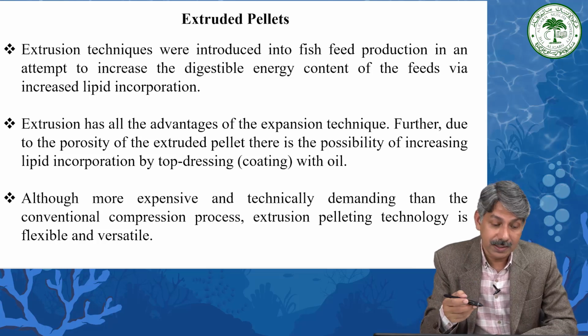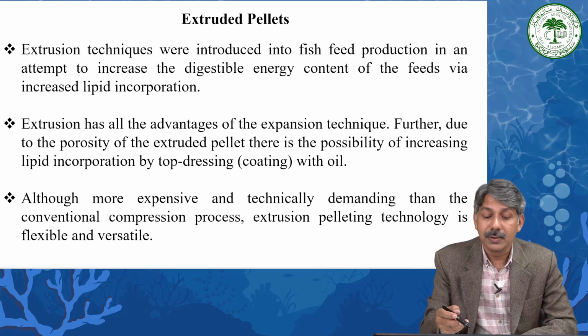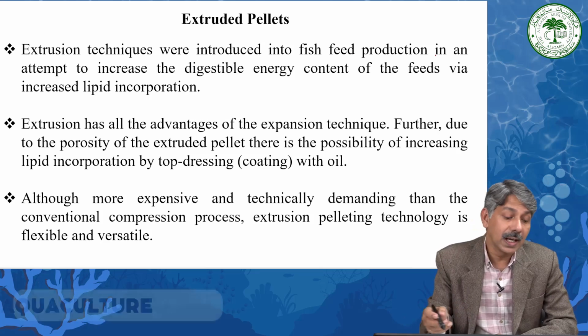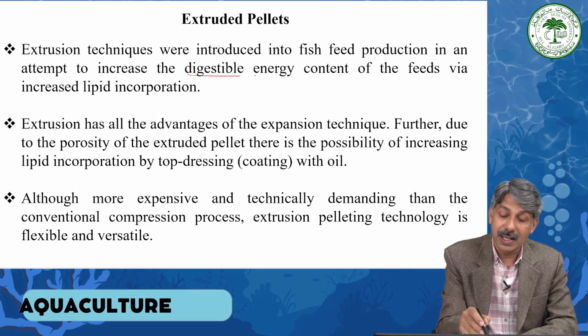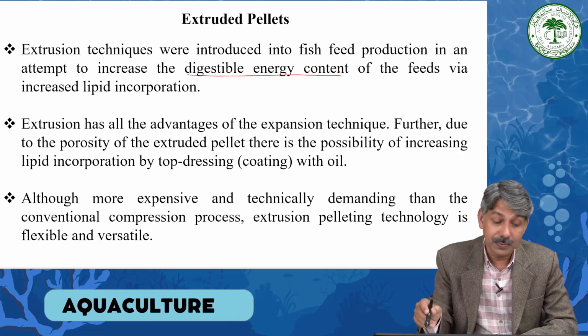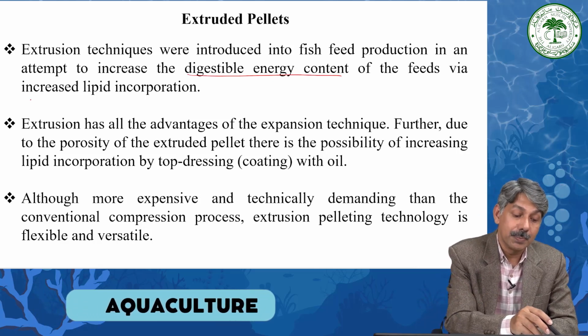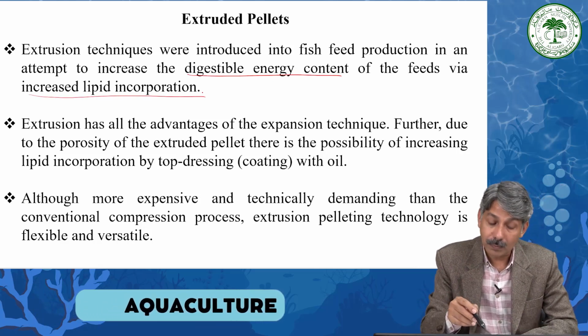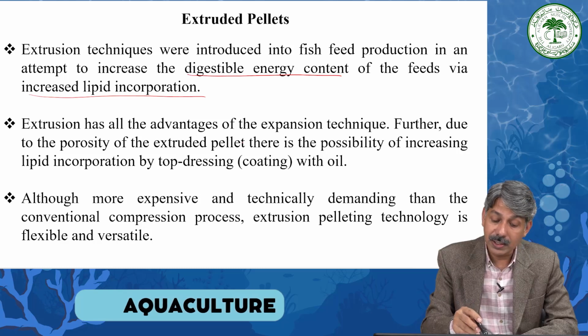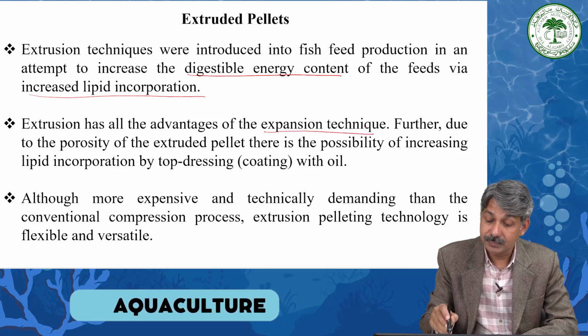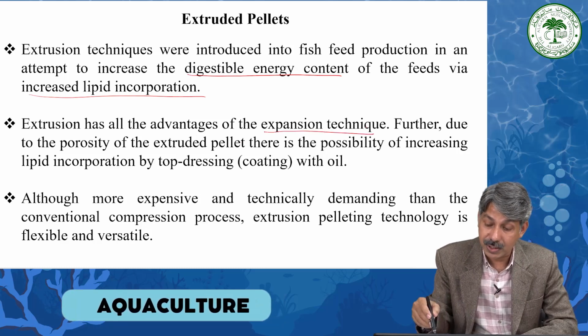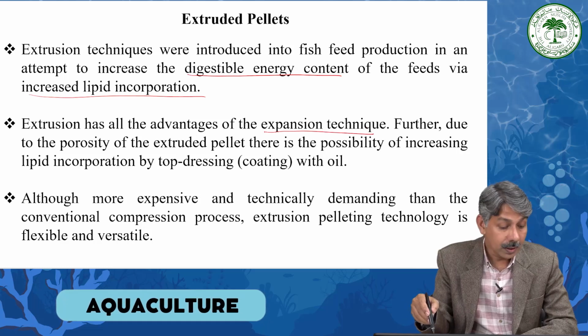Now, extruded pellets. Extrusion techniques were introduced in fish feed production in an attempt to increase the digestible energy content of the feeds via increased lipid incorporation. Extrusion has all the advantages of expansion technique. We have seen the advantage of expansion technique just in the previous slide.